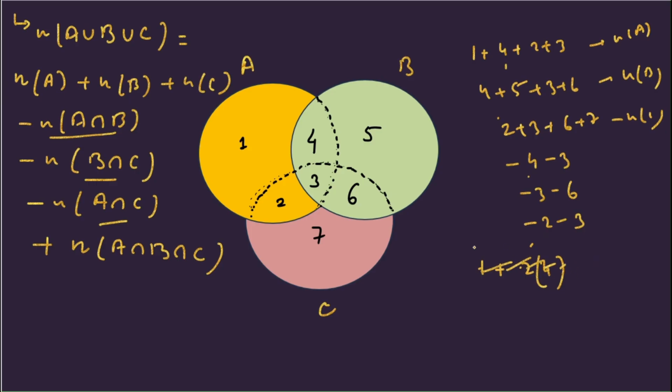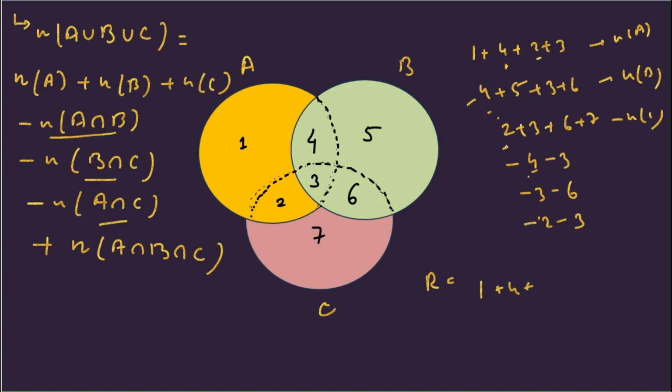Our motive is to get the result. So we have 1. So ultimately, we'll be getting 1. And then 4, we are adding ones and we are nullifying this 4 and this 4.